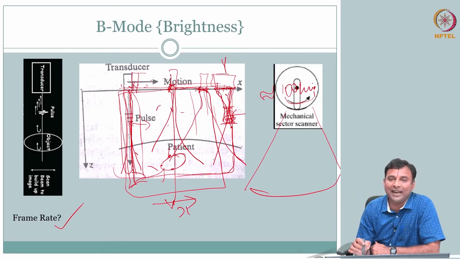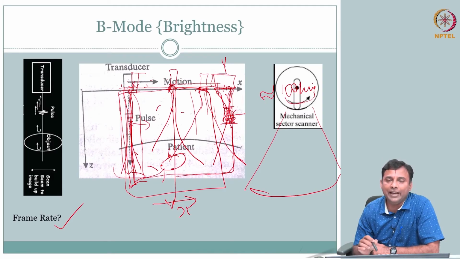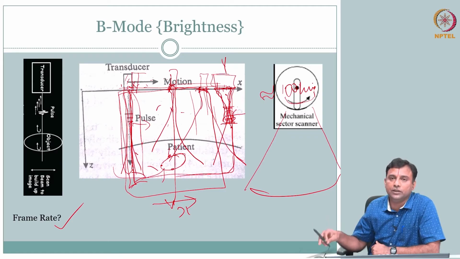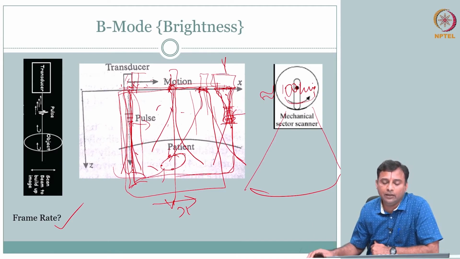Instead of scanning it mechanically, the whole idea of electronic scanning using an array transducer, having multiple elements instead of only one transducer moving like this, the concept of the array transducer kicked in the 90s, and that changed the whole landscape of ultrasound imaging. So what we will do here is take a pause and then continue with the array transducer and wrap up the image formation and image quality.